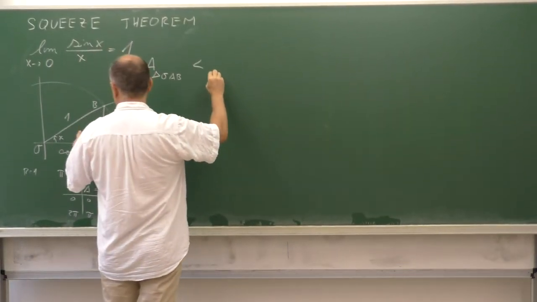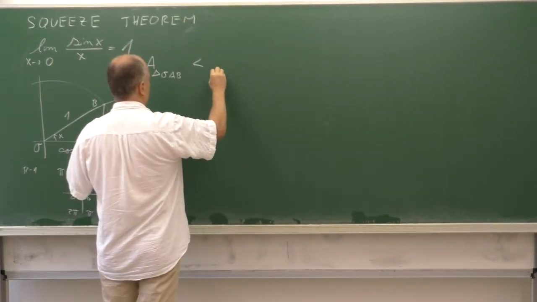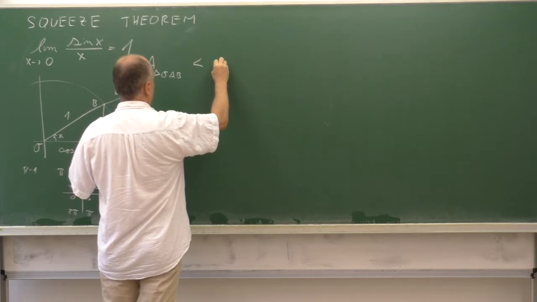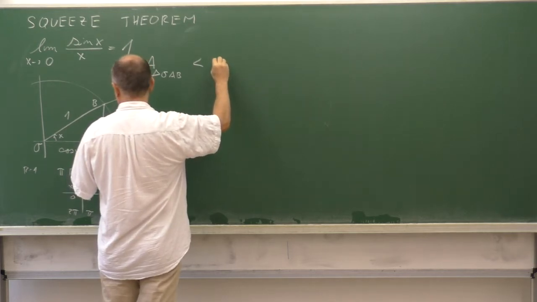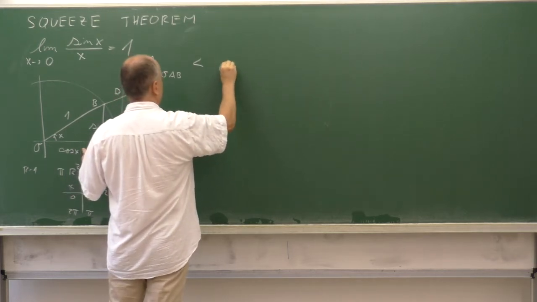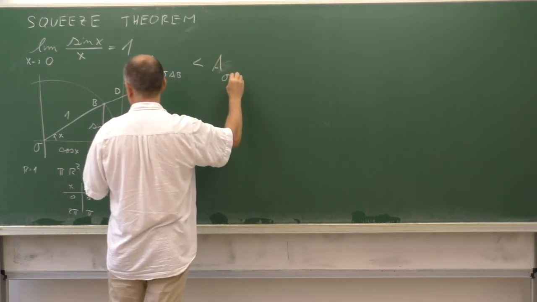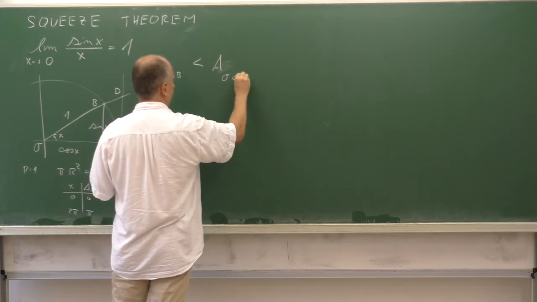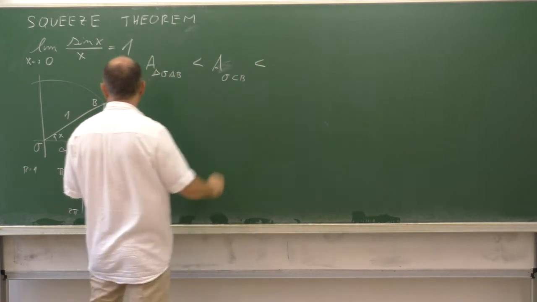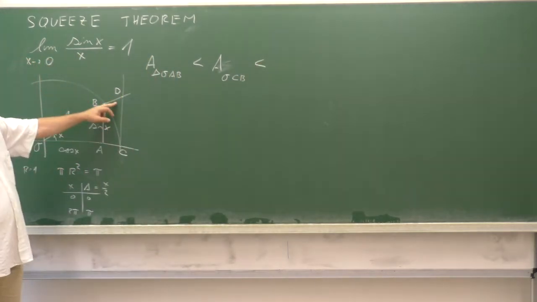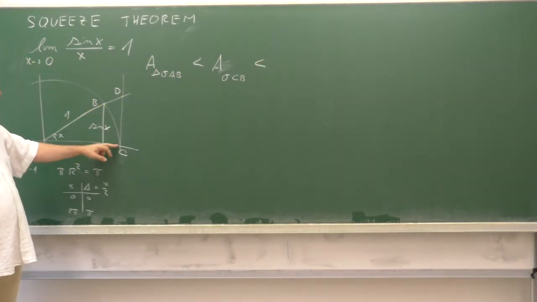So this is the part of the circle, let's call it OCB, and this is definitely less than the area of the triangle OCT.